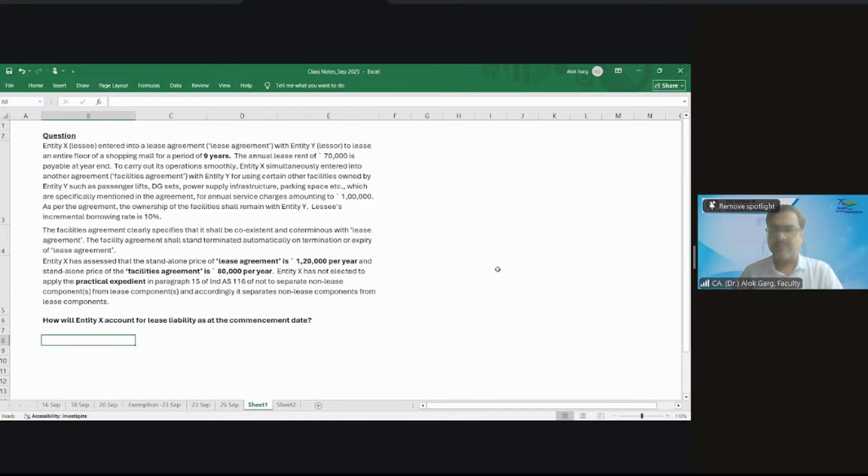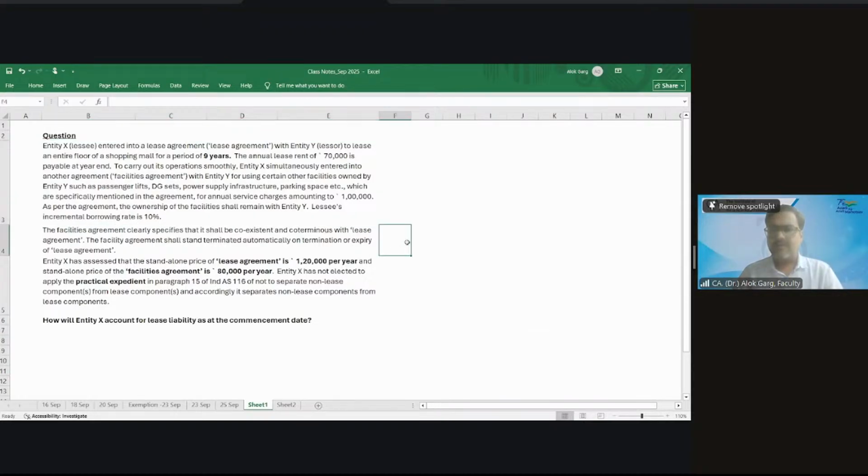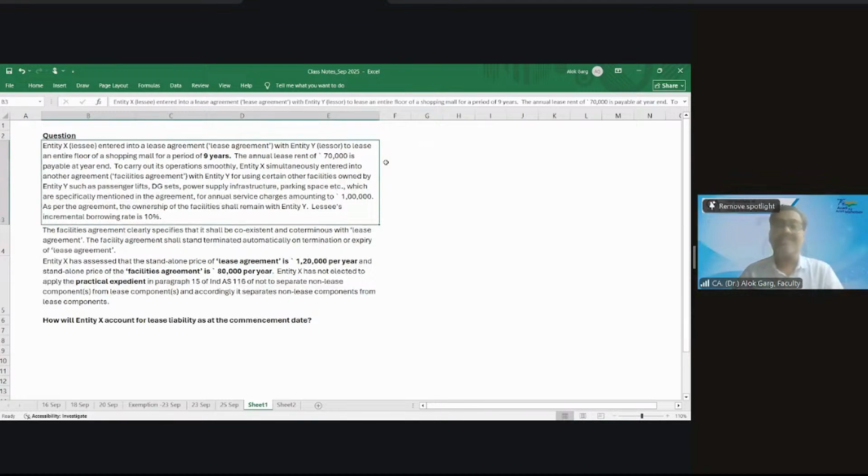It separates the contract into lease and non-lease components. So this question is related to separation of lease and non-lease component. You remember we have covered this aspect. The standard has given you an option, a choice: if you want to split lease and non-lease components, you can do that.